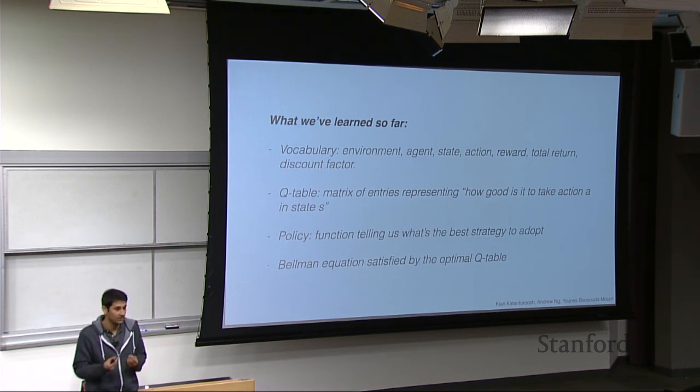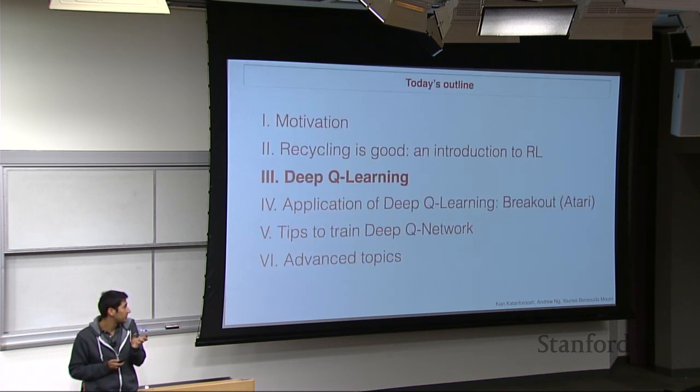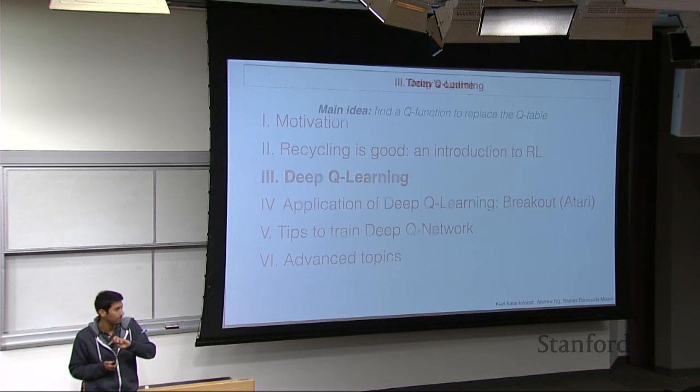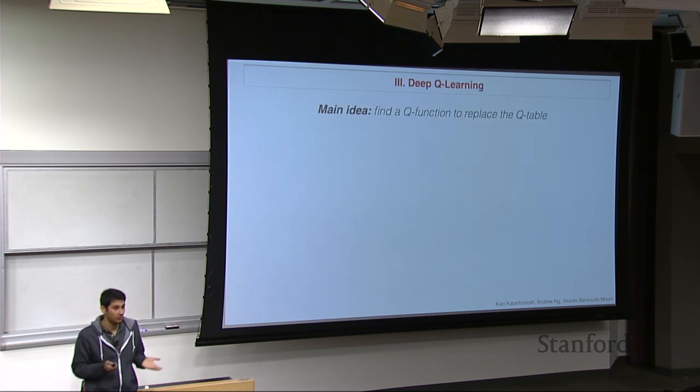And the Bellman equation, which is satisfied by the optimal Q table. So now we will tweak this Q table into a Q function. And that's where we shift from Q learning to deep Q learning. So find a Q function to replace the Q table.